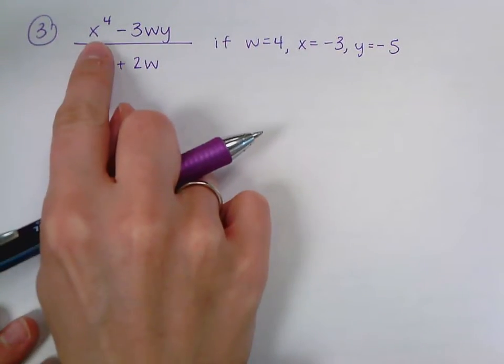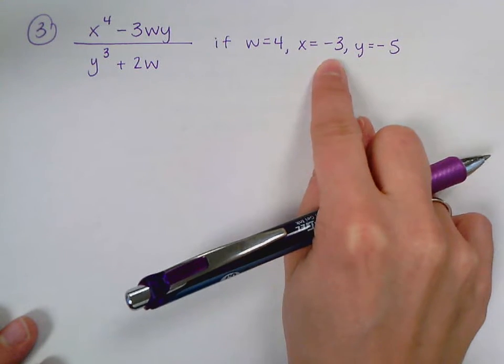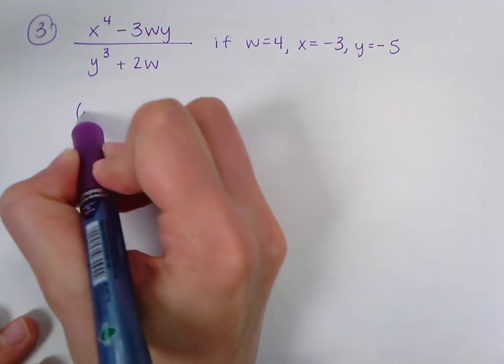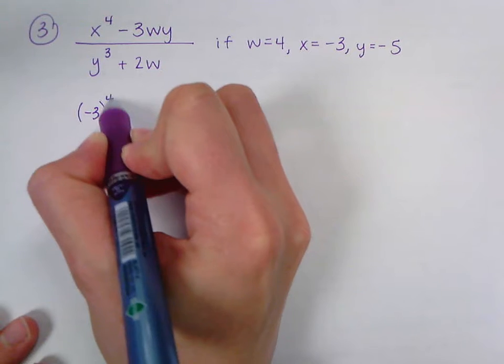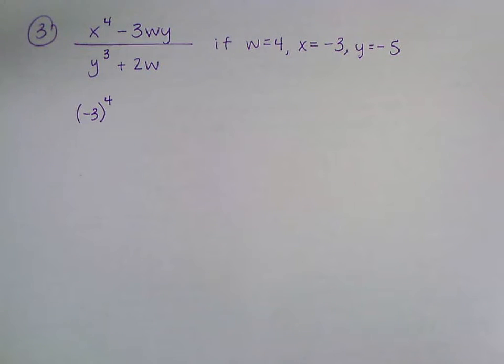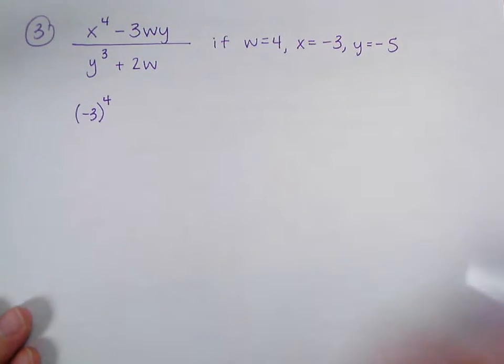So when I have x to the 4th and I know x is negative 3, when I write that, I will put the negative 3 in parentheses to the 4th power. So if you were to type this in your calculator, you would want that negative 3 to be in parentheses. Because if you don't write the parentheses, it does mean something different. You saw on the calculator, you would get a different answer for this one. The wrong sign, I should say.